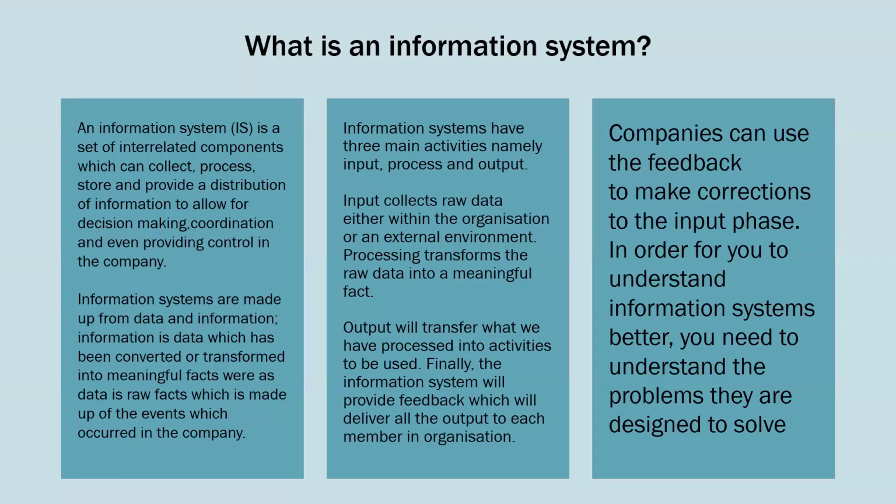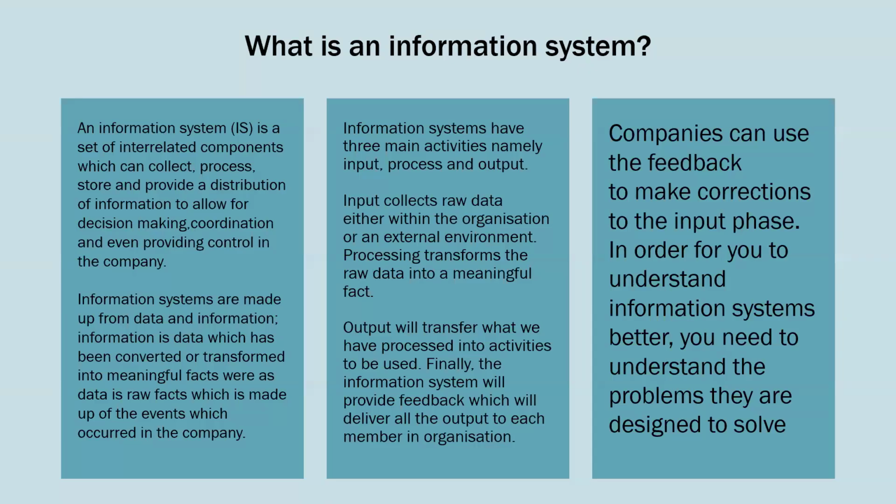Then you display the data or output by transferring whatever you have processed into activities. Then the last thing is that output can be used to provide feedback to the input, so that you can improve on certain things. So companies can use the feedback to make corrections to the input phase.